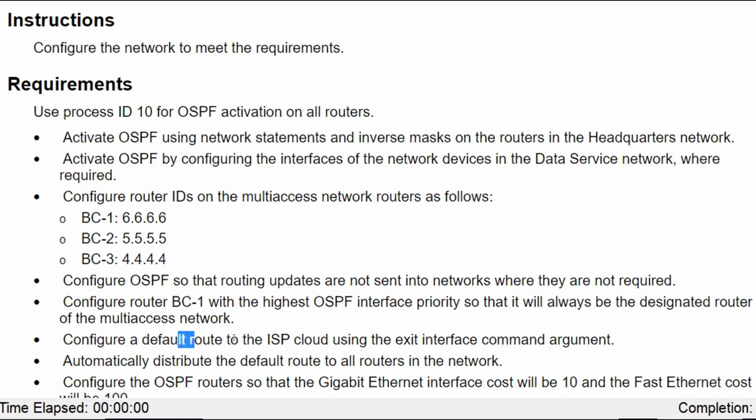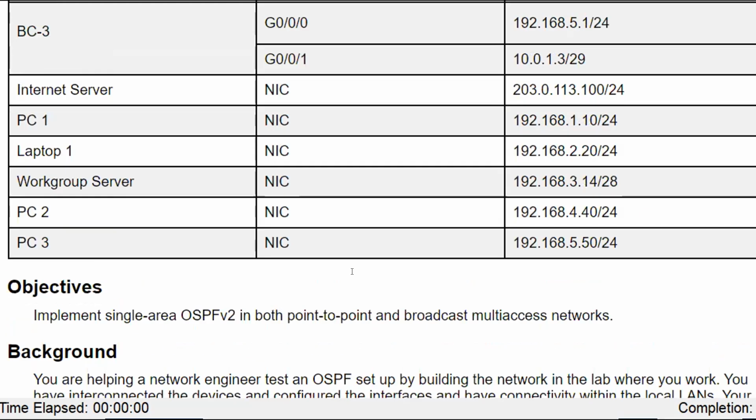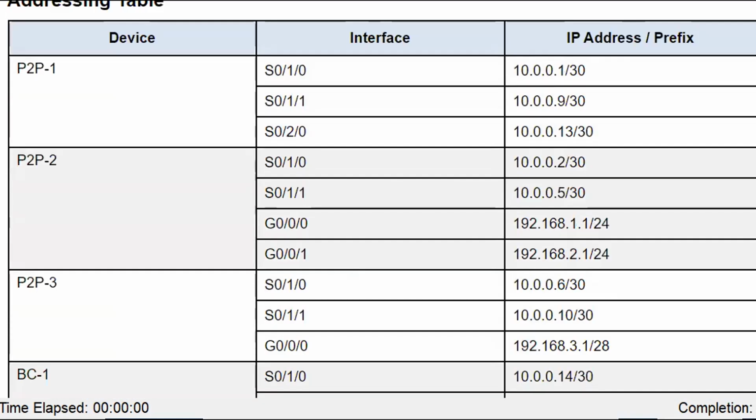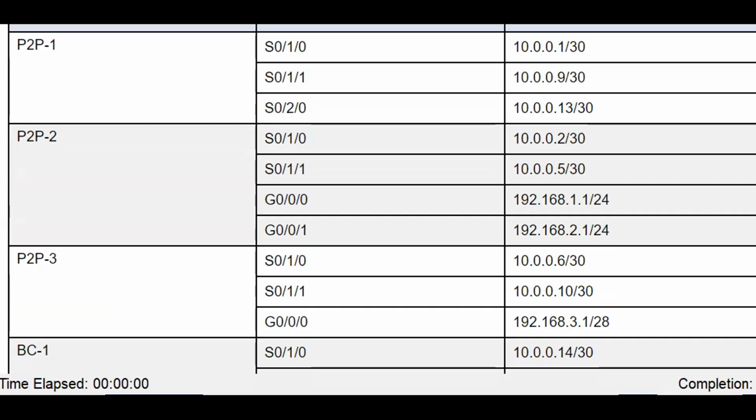Configure a default route to the ISP cloud, then automatically distribute the default route to all. Okay, so this is it. How do we proceed? We will now pick each router based on the topology and configure.